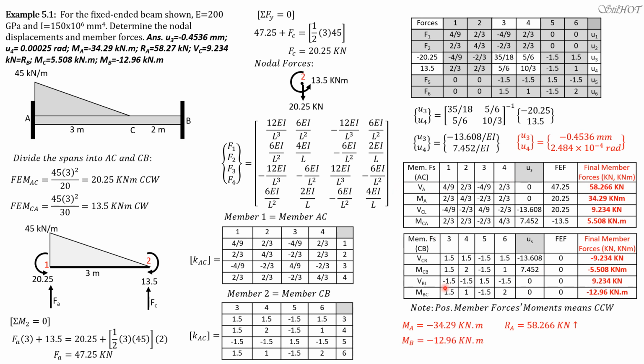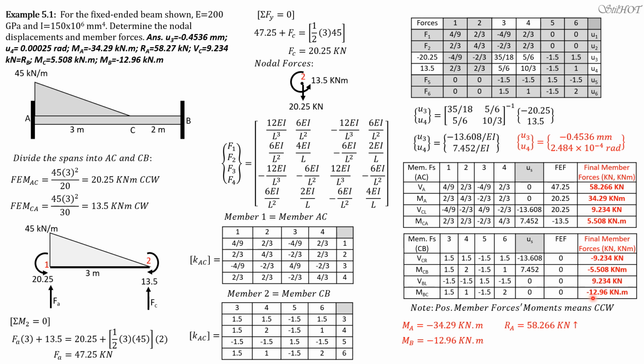Then moment at B is negative 12.96 kilonewton meters, because negative 12.96 means clockwise. So at B, it is clockwise. Why is it negative? Because we expect counterclockwise to be positive at B for positive bending. Again, for positive bending, clockwise at the left, then counterclockwise at the right.